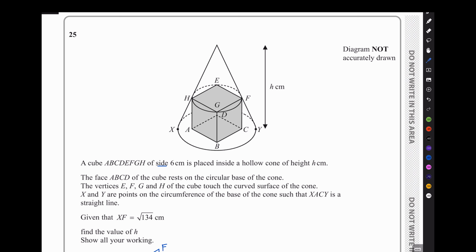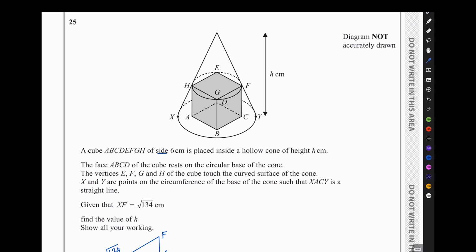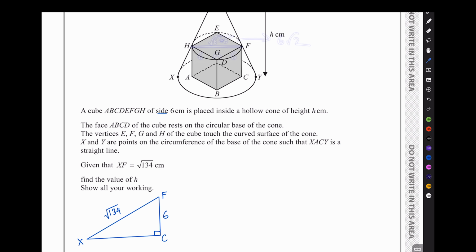Okay, so I figured it out. First of all, I need to find this radius. Since this is 6, this is basically the square root of 6 squared plus 6 squared, right? Using the Pythagorean theorem, this is the hypotenuse, so I'm going to add. This should be 6 root 2. So let me just write it.